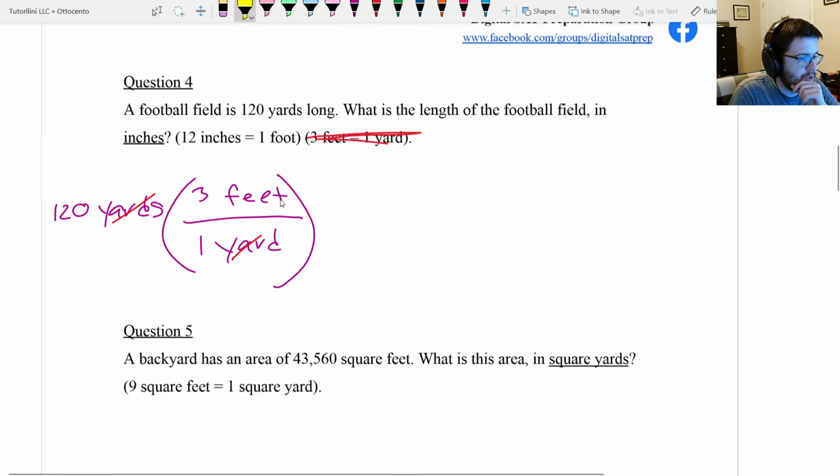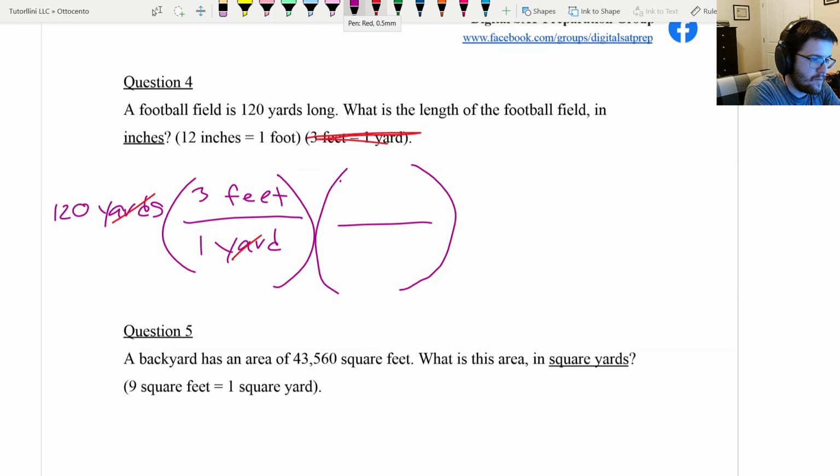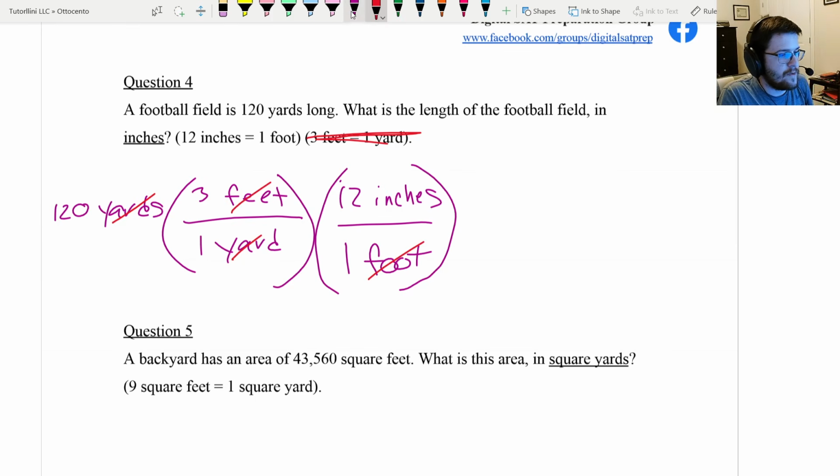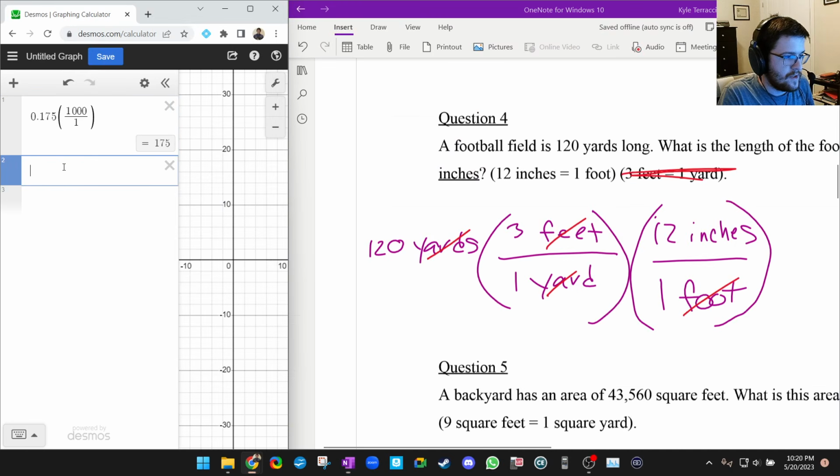Do we have a unit conversion with feet in it? Yes, we do, so we're going to use that one. I'm going to put 1 foot on the bottom and 12 inches on the top. Feet is on opposite sides of the division sign, so it cancels. Now we just have to put this in.